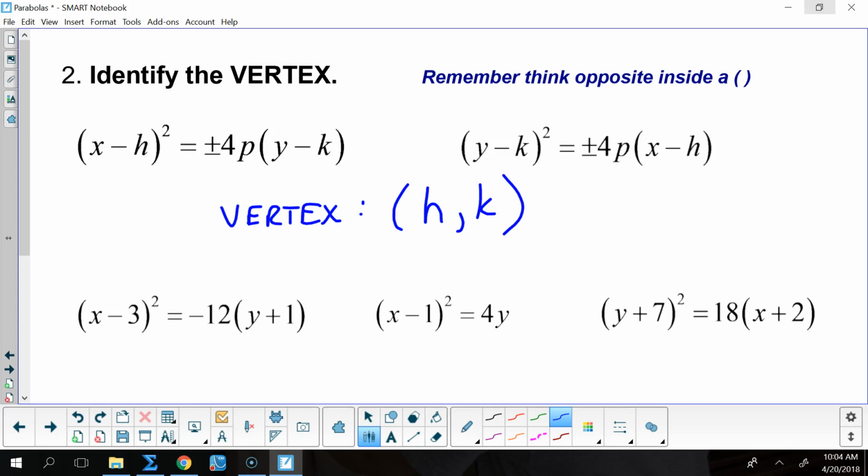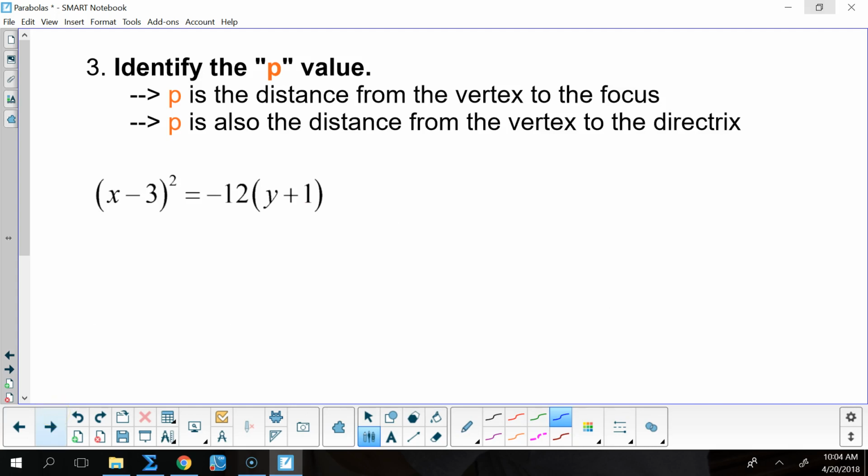Okay? So then now today we'll hit step 3. Step 3 says we have to find p. And the reason that we have to find p is because it is the distance from the vertex to the focus and from the vertex to the directrix. So by finding p, after we found the vertex, we can find the coordinates of the focus and the equation of the directrix.